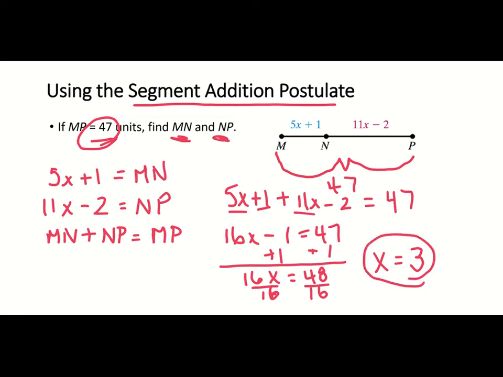I do have to go plug it in. So I'm going to do 5 times 3 plus 1, and that will give me 16 for MN. And then 11 times 3 minus 2. So I get 33 minus 2, so that will give me 31. And you can always check your answer too, because if I add 16 and 31, it should give me 47, and it does. So we did the math correct.